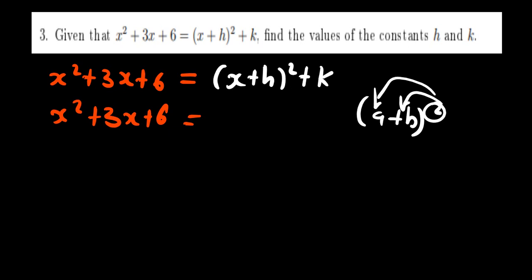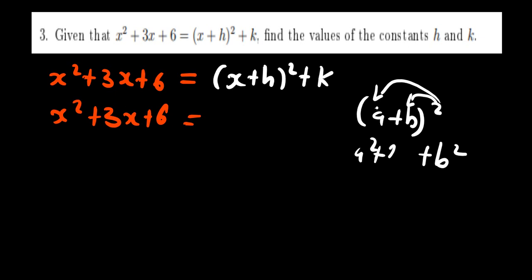So when we do that, we have a squared plus b squared, and in the middle 2ab. That's how you easily solve that.